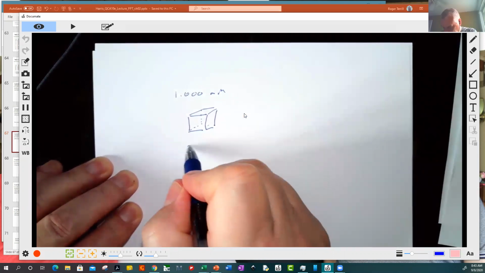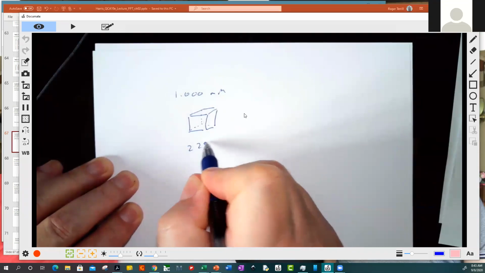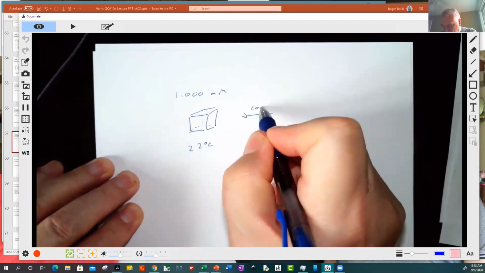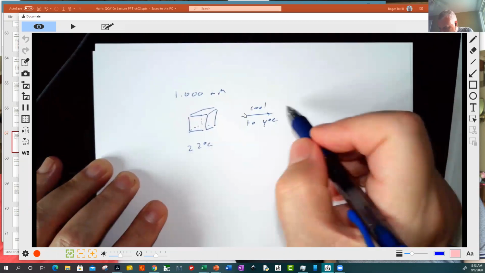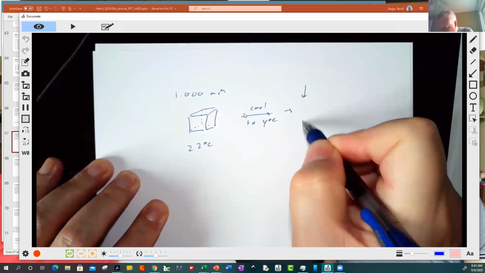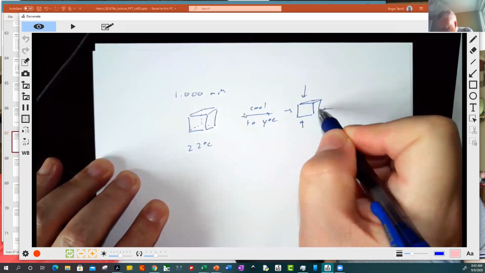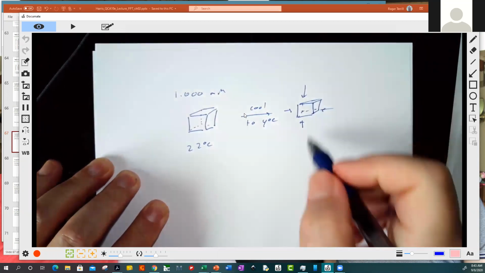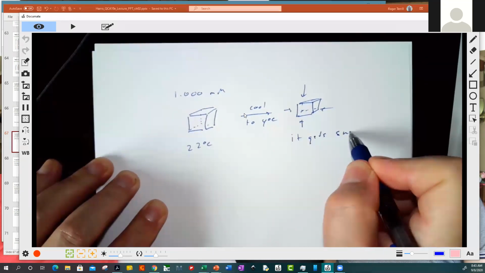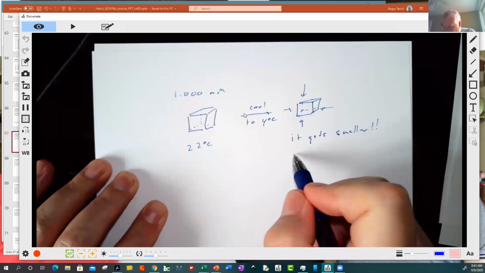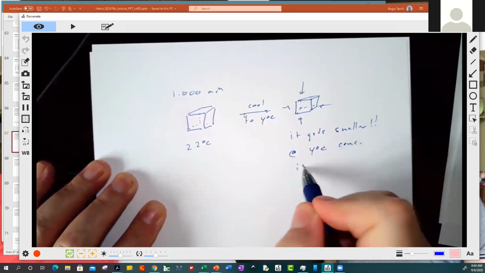And then this is at 25 degrees C or whatever, at 22 degrees C. And then you cool it down, and basically it shrinks, it gets a little bit smaller. So at 4 degrees C, the concentration is higher.